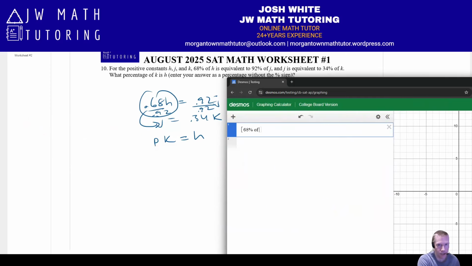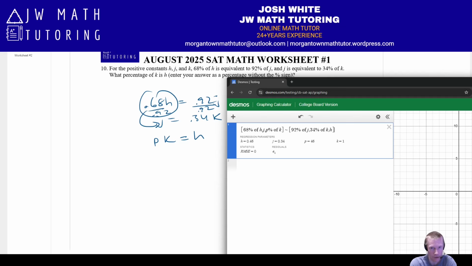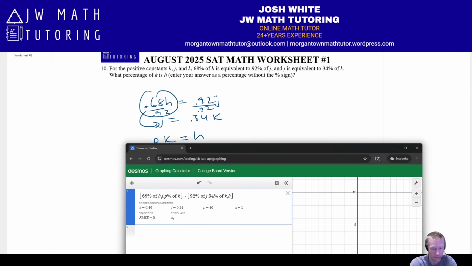So we've got 68% of h equal to 92% of j. Then we know j is equivalent to 34% of k. For the what percent of k, I'm just going to use p. So p percent of k is equal to h. And there's our answer. P is 46, which is the correct answer.